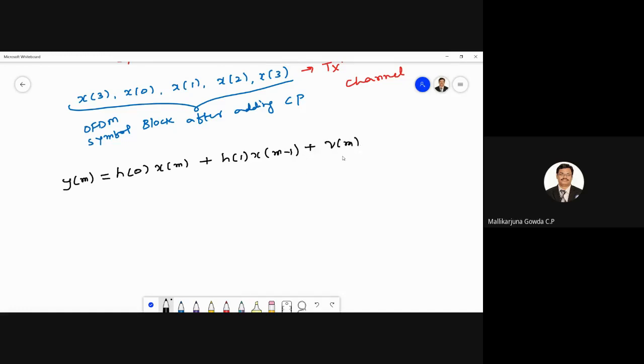Right now I am not bothering about this. Let me concentrate only on the required data symbols, so I am assuming the noise is 0.